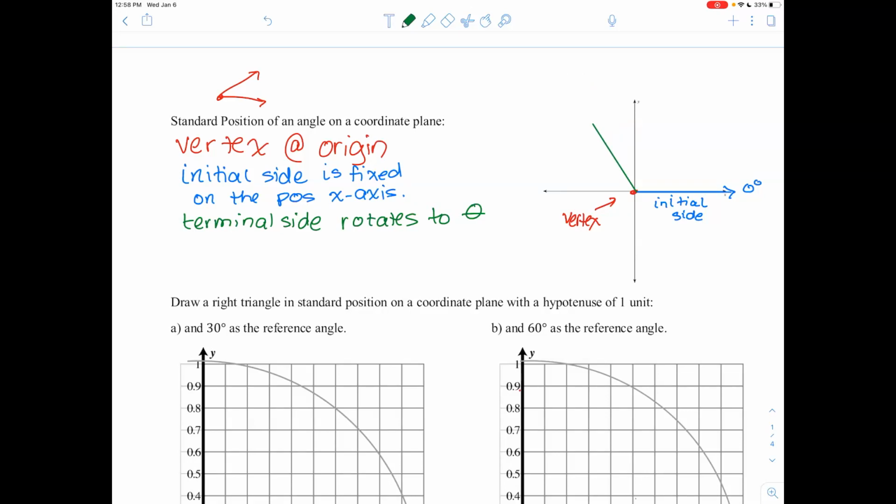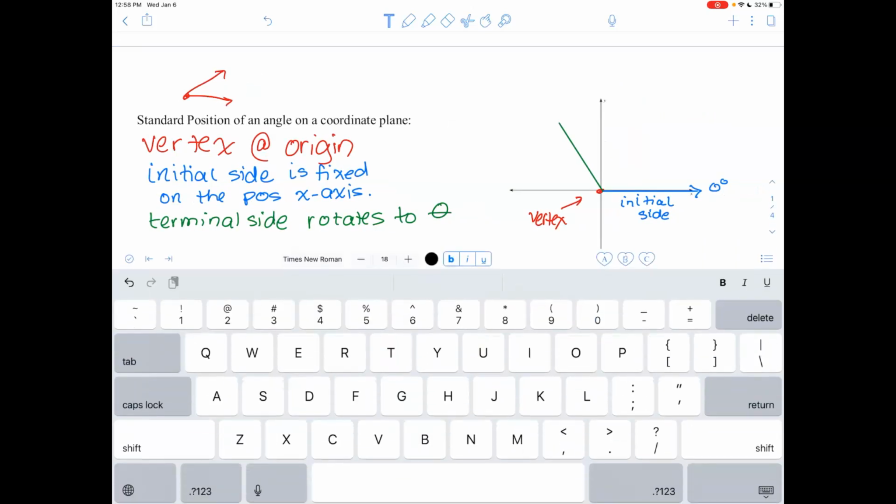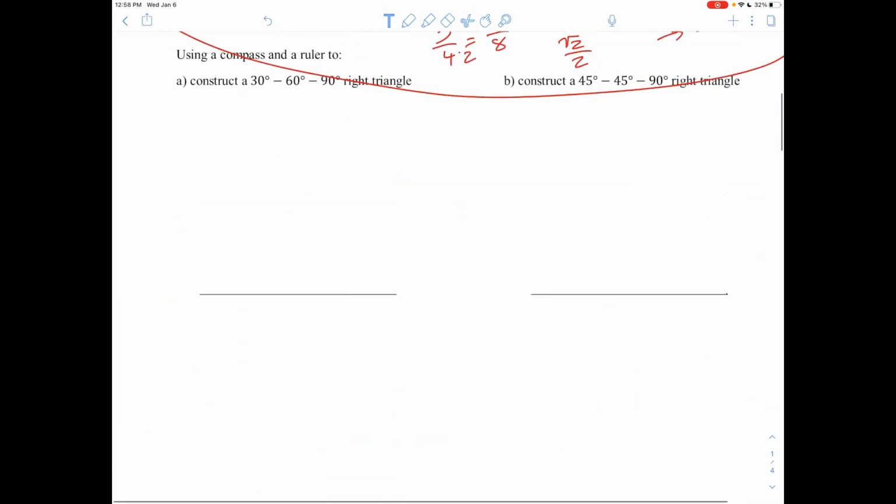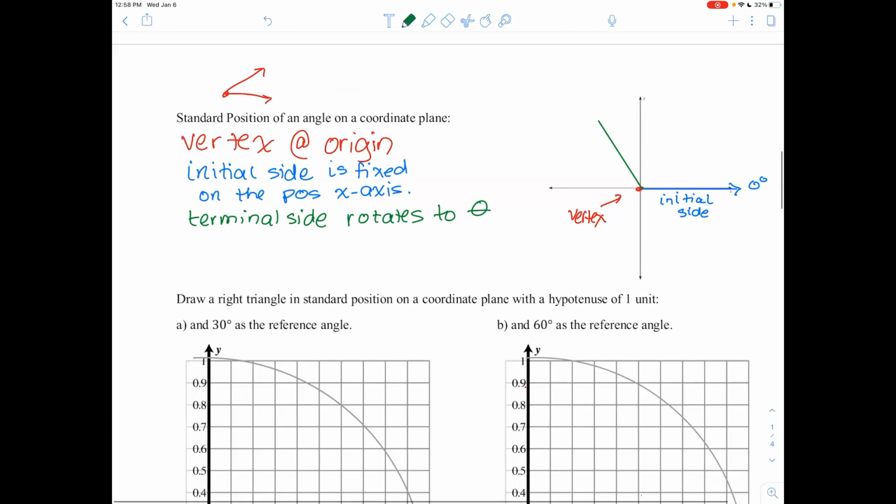When you rotate up, you're rotating in a positive way. If you rotate down, you're rotating in a negative way. So if you rotate up from 0 degrees, you're rotating in a positive manner. Okay, so I'm going to put that measure right there. I'm going to call this the terminal side. This is the terminal side of the angle.